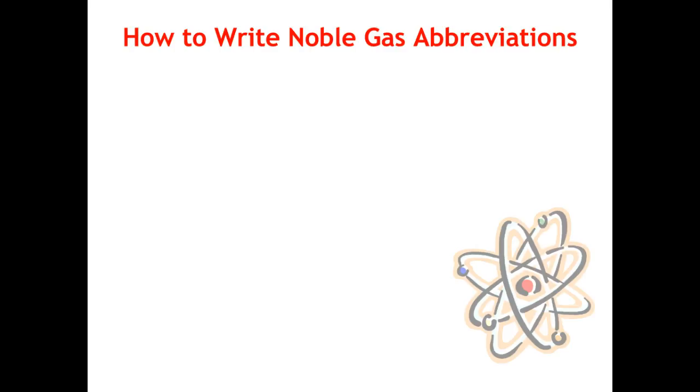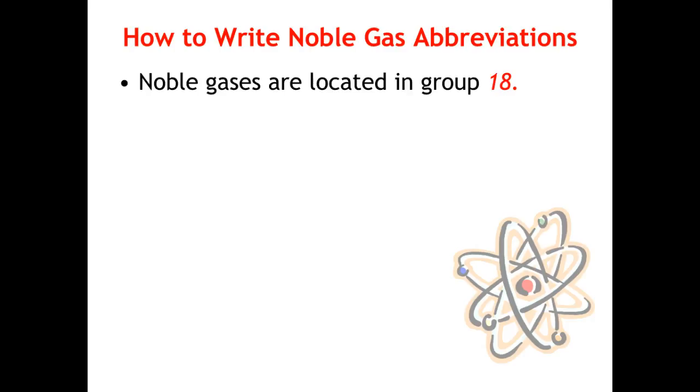So, how to write the noble gas abbreviations, or like I like to say, the shorthand, because who wants to write out, unless you're told to do so on the test, those long electron configurations for each element when it gets up to ruthenium, or even higher than that, like xenon, for example. It takes a lot of time to do that.